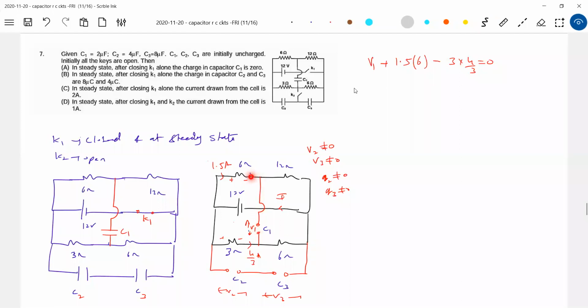Plus V1 plus 6 into 1.5 minus 3 into 4 by 3 equal to 0. 6 into 1.5 is 9, no? 9 minus, this will be 4. So what about the charge? Therefore, Q1 will be non-zero.